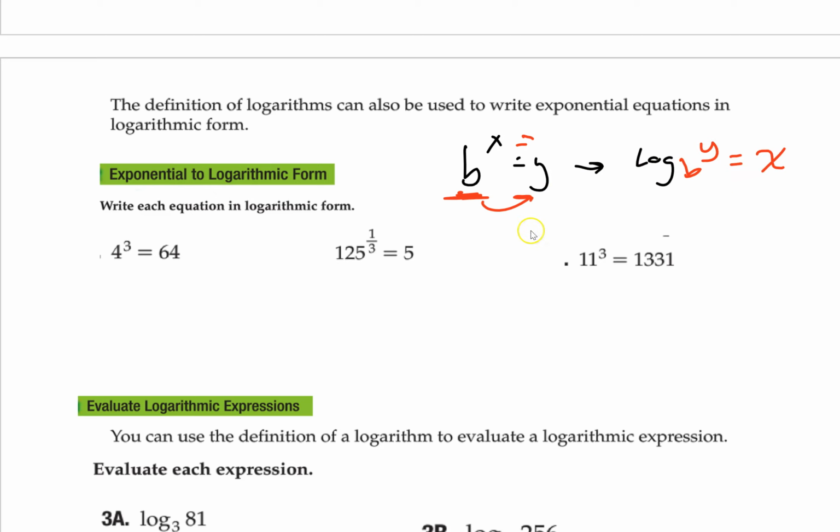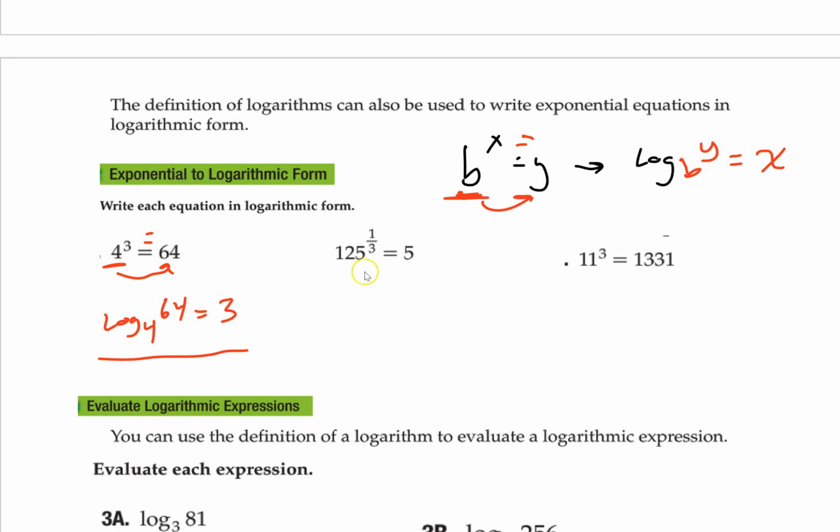The exact same concept. Here's my base, so I'm going to write log base 4, a little smaller, of 64 equals 3. So that's how you write it in log form. It's just find the base, base to the answer equals the exponential.